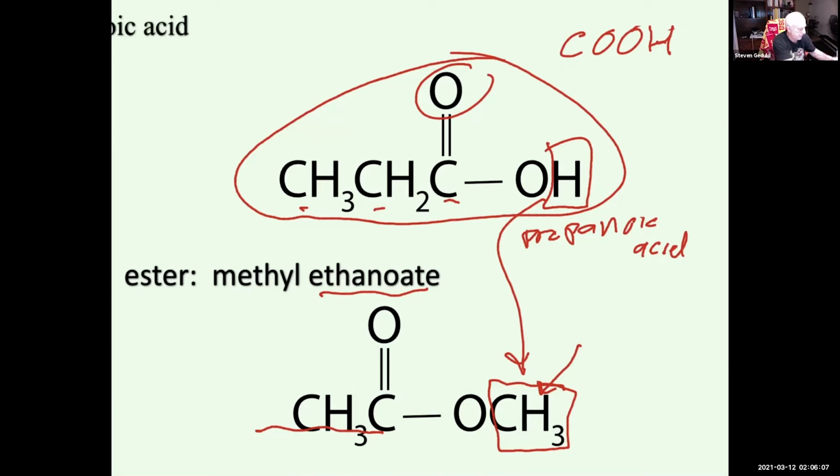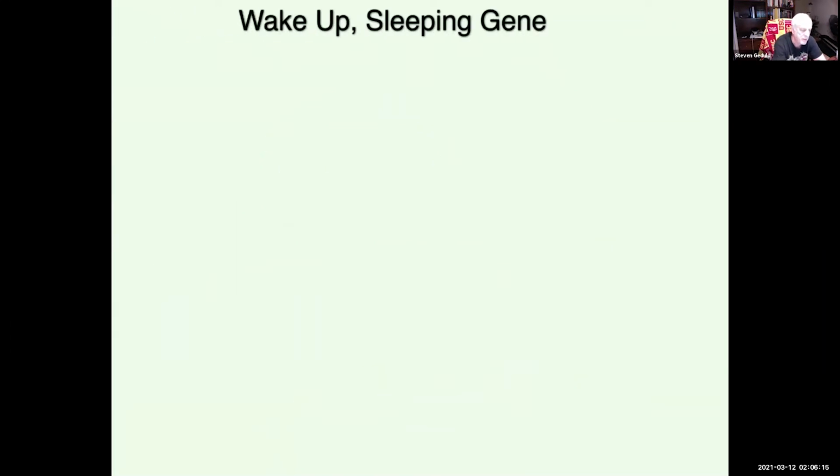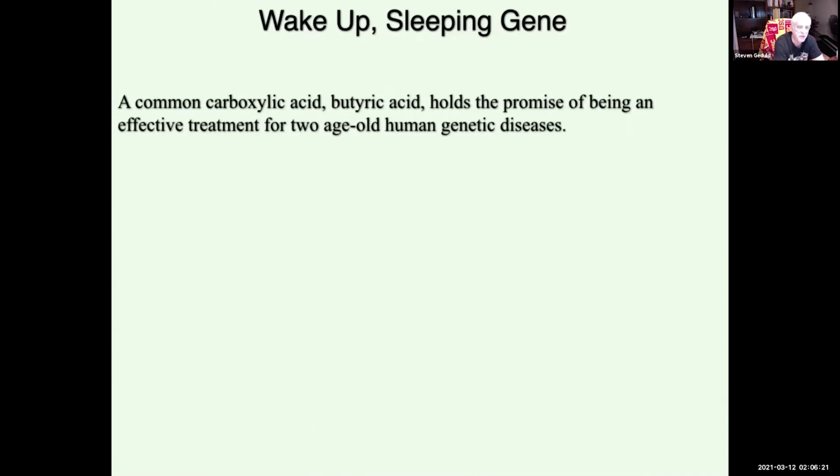So a common carboxylic acid is butyric acid. Butyric acid is a carboxylic acid, from butane, which has 4 carbons.